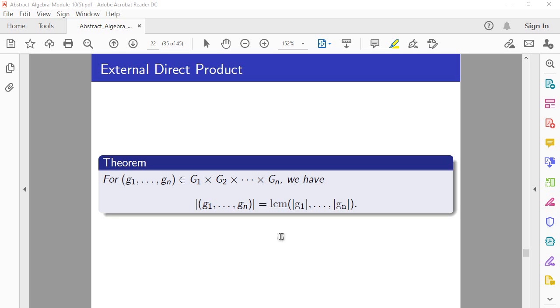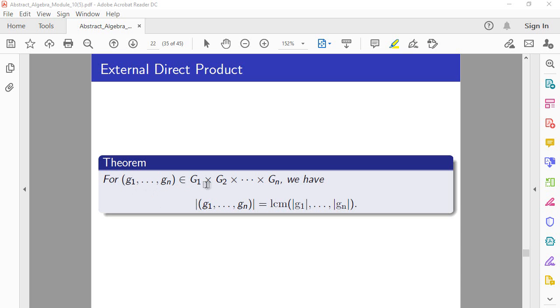Welcome back. Let's start with this theorem. Here we have the external direct product of n groups, and we are taking one element of that: the n-tuple (g1, ..., gn).